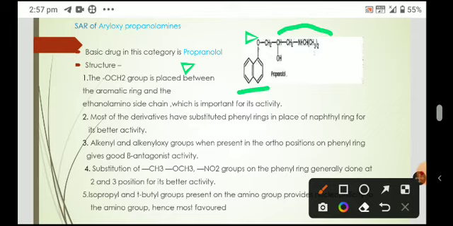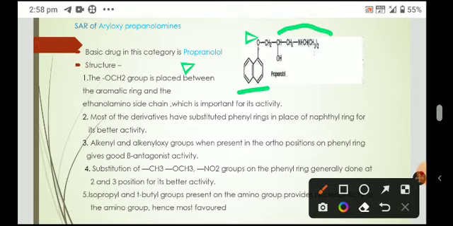Second is that most of the derivatives have a substituted phenyl ring in place of the naphthyl ring for better activity. So here we should have the substituted phenyl rings in place of the naphthyl ring for better activity.